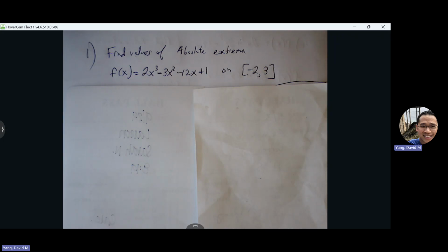What's the only condition that we need for extreme value theorem? Continuous, yeah.